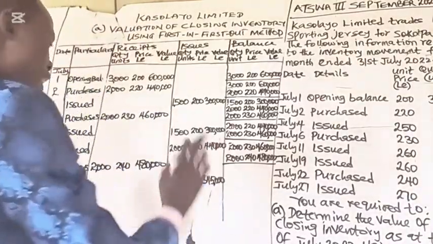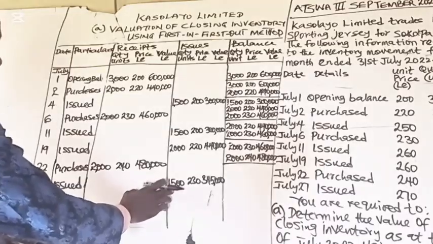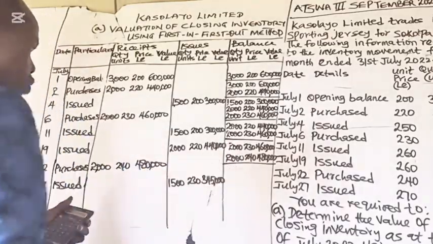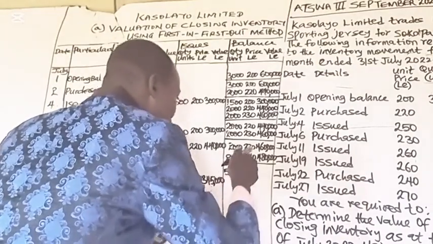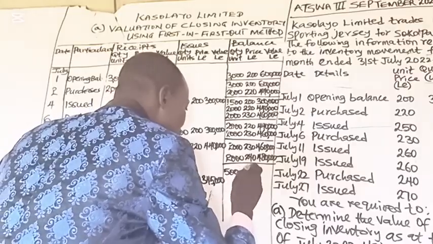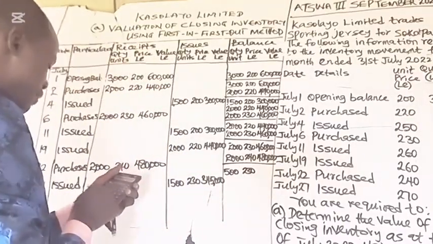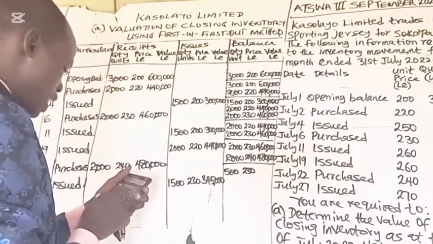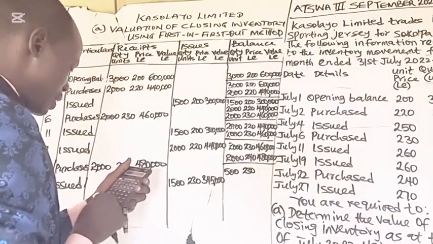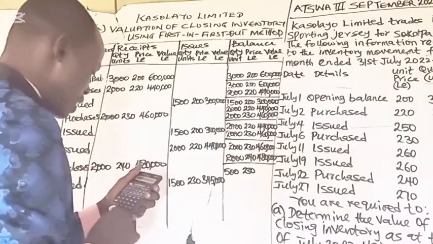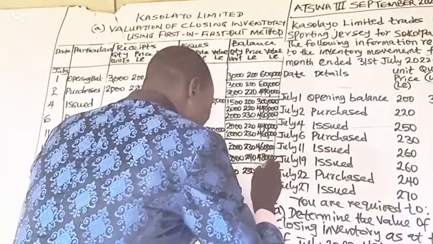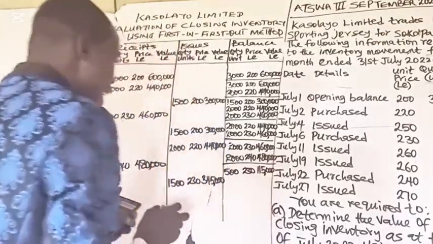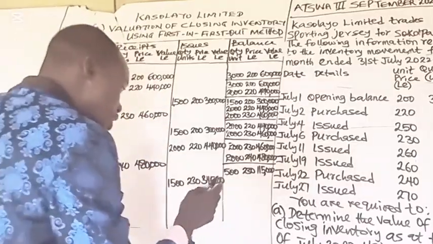Here you are left with 500, since 1,500 has been issued from the 2,000. So you are left with 500 at the price of 230. And the value of that, 500 times 230, gives us 115,000. Then this 2,000, you have not touched that.